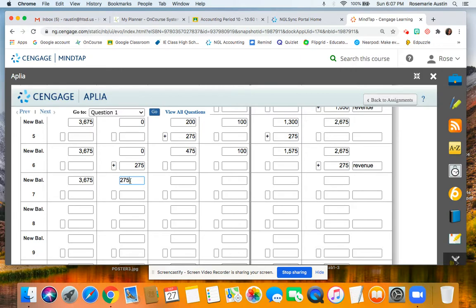Dr. Shepard, 275. Supplies did not change with that last transaction, so carry that down, 475. Insurance is still 100. Paws and Claws did not change, 1575. And your revenue now is 2675 plus 275 is, oops, I did that wrong, pardon me. 2675 plus 275 is 2950. Okay, 2950. All right.